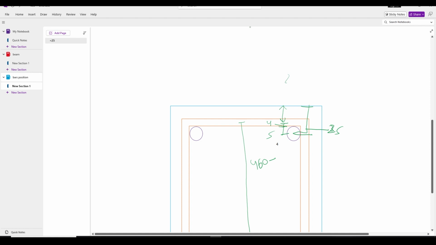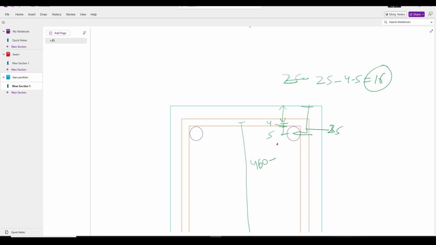So 25 minus 4 minus 5 will be 16, because this bar is 10 mm dia.